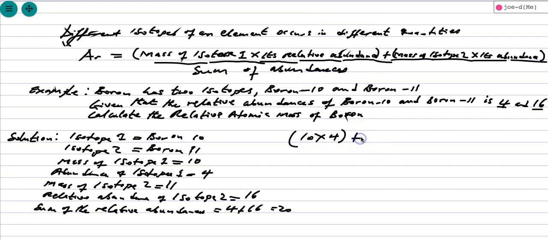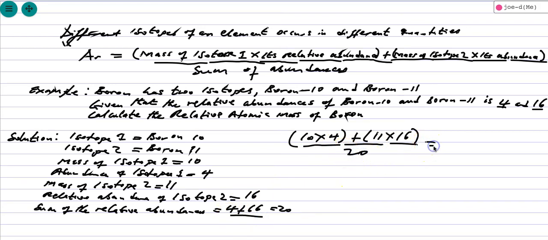And that is added to the mass of isotope 2, which we said is 11, so that's 11 times its relative abundance, which we said is 16. And then let's divide this by the sum of the relative abundances, which we have already worked out to be 20. So let's put 20 here.